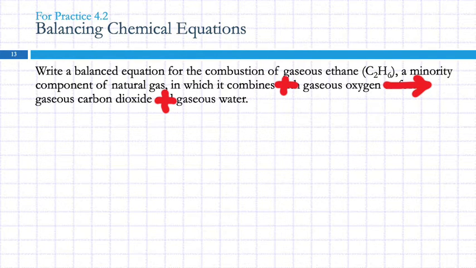So they gave us the formula for ethane. So C2H6. And they said it's a gas. Plus, and I'm going to leave a space, gaseous oxygen. What's the formula for oxygen? O2. Because horses need oats for clear brown eyes.